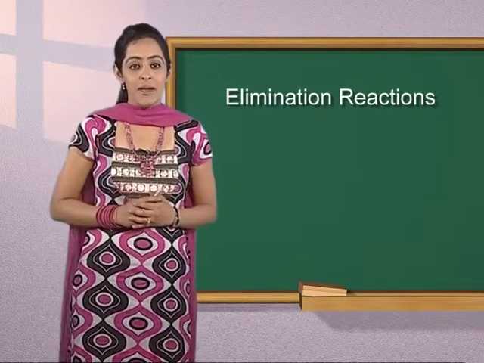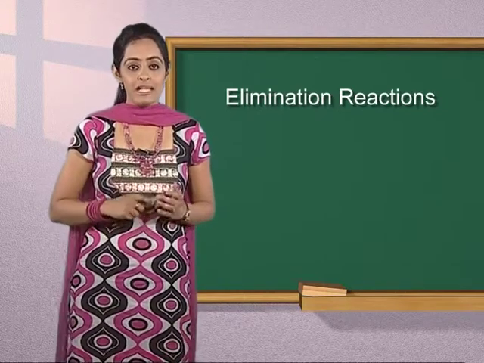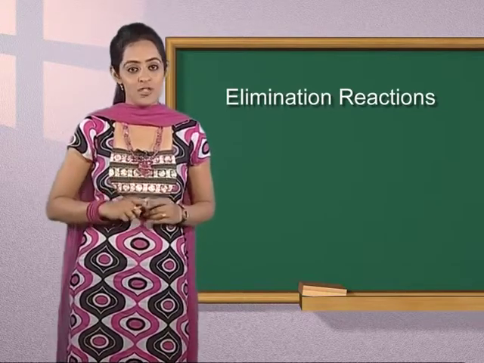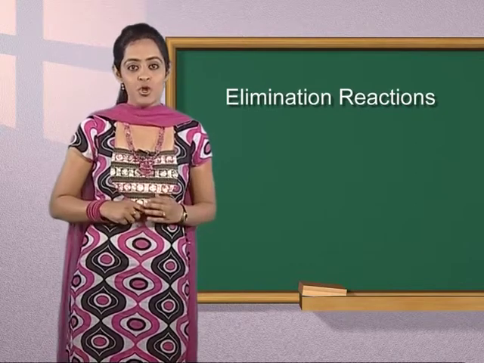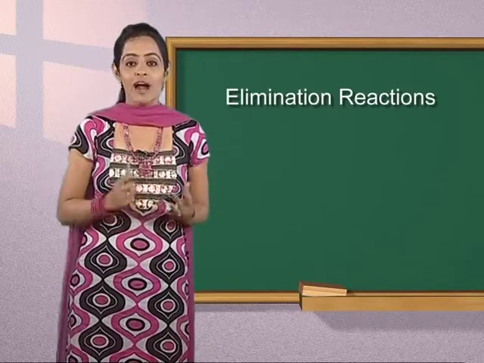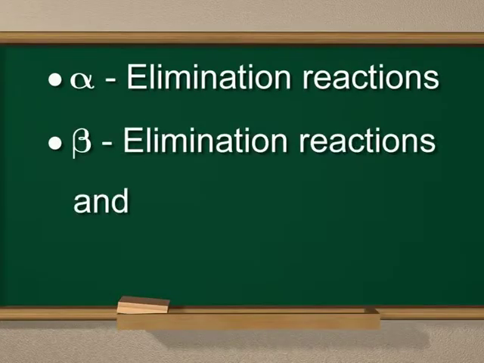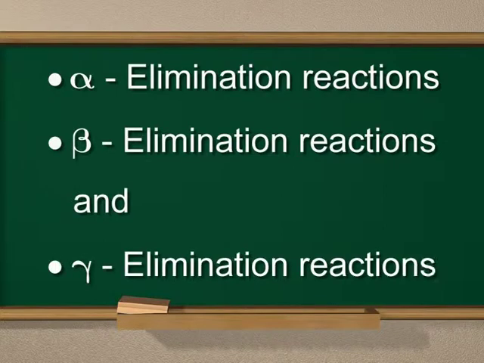Multiple bonds may be double or triple bonds, depending upon the relative positions of the atoms or groups eliminated. These reactions are classified as alpha, beta and gamma elimination reactions.